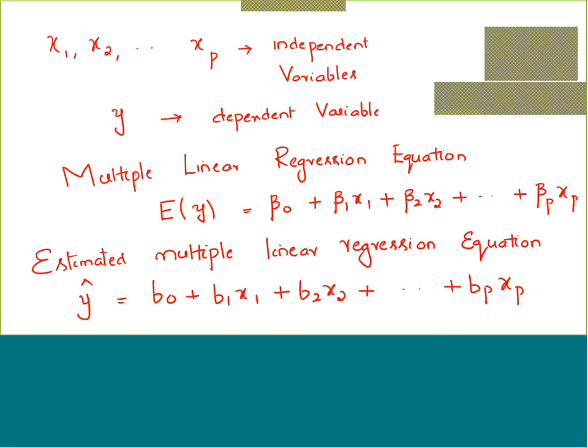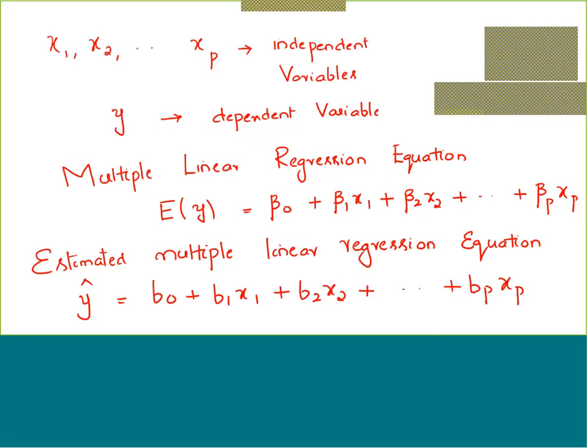Actually, we cannot calculate them with pen and paper or a calculator. We use a software package to calculate them. And for given values of x1, x2 and so on, xp, you can estimate y crown. Here you can also calculate the coefficient of determination and adjusted coefficient of determination.